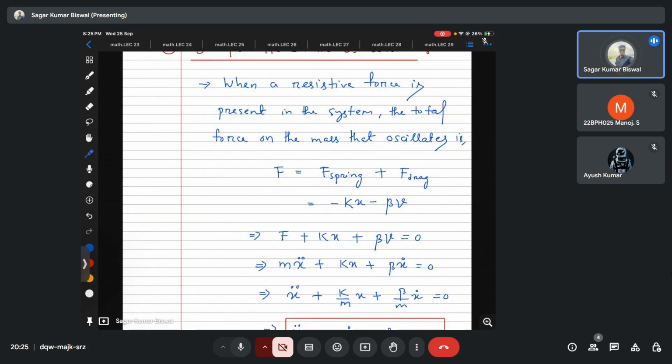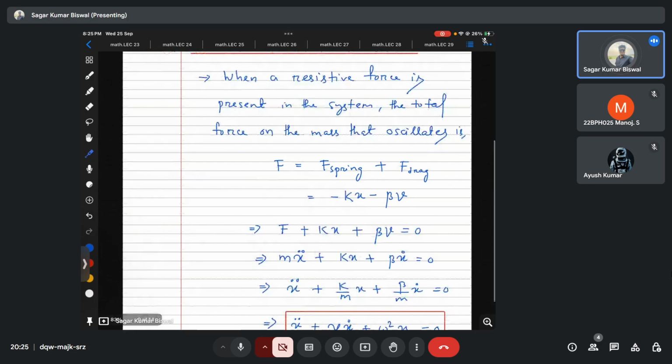So here this force is proportional to the velocity of the particle that is executing the oscillation, and the proportionality constant here is beta, right? In the previous section, the proportionality constant was k in the first problem, but here this proportionality constant is beta.